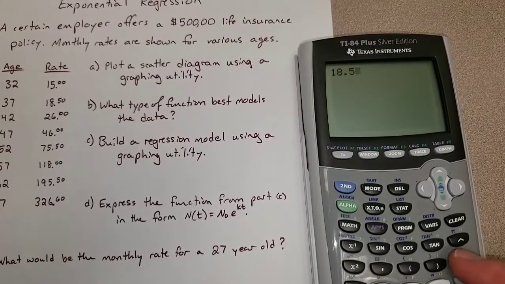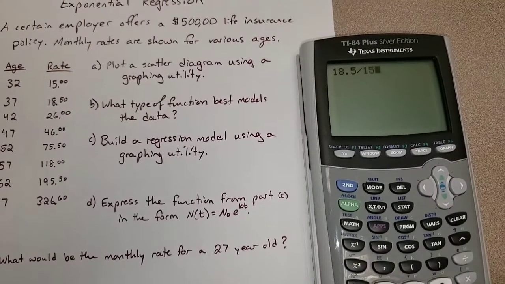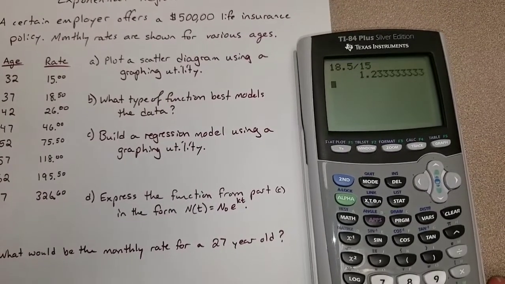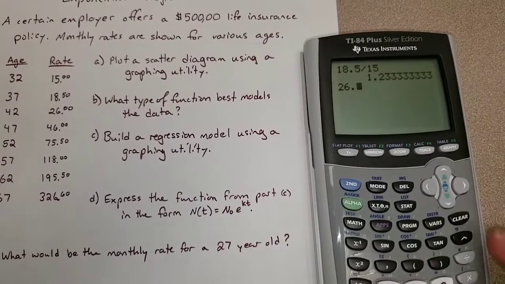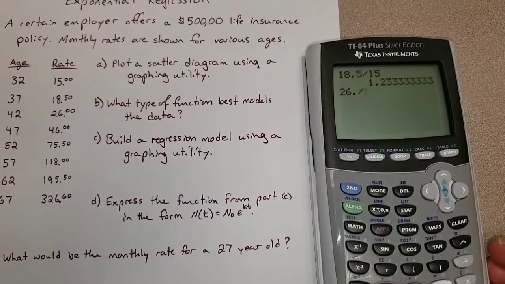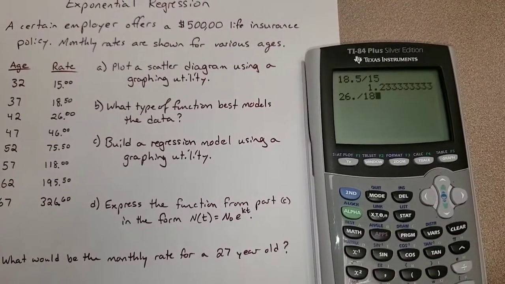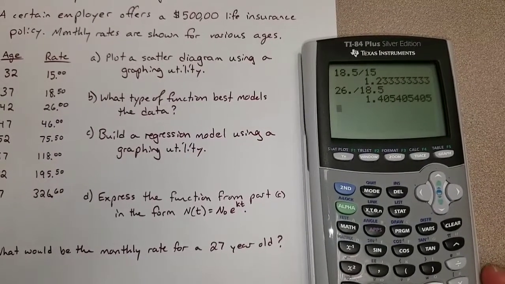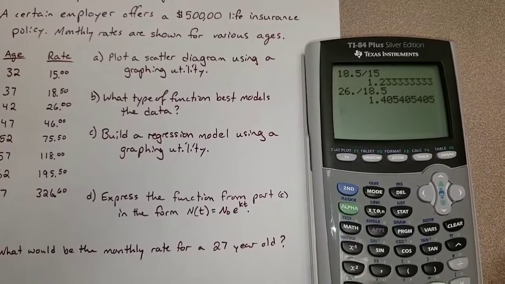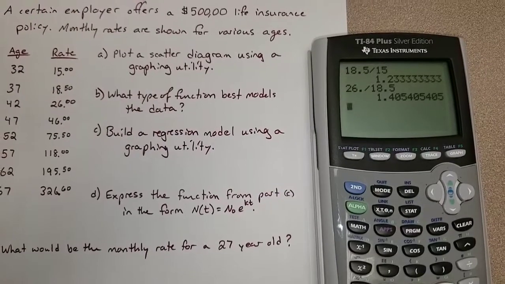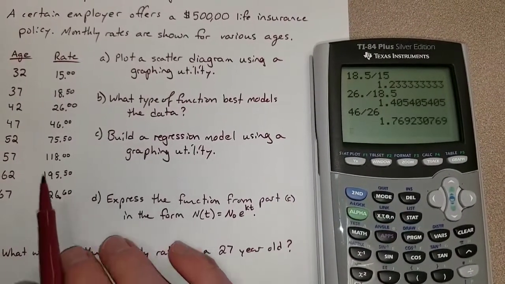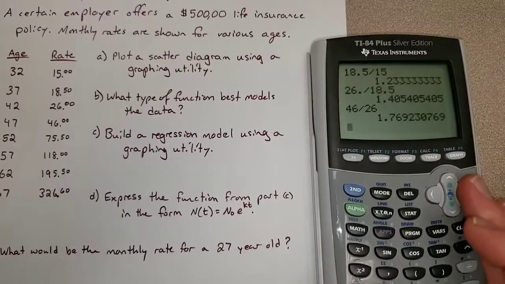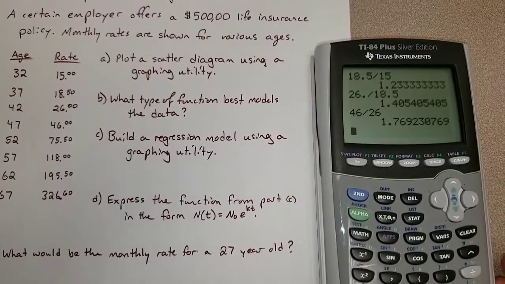So if I did 18.5 divided by the prior value of 15, I get about 1.23. If I did 26 divided by 18.5, that's about 1.4, so it's close, it's a little bit off. If I did 46 divided by 26, again taking a data point and dividing by the prior one, that's about 1.8 almost.